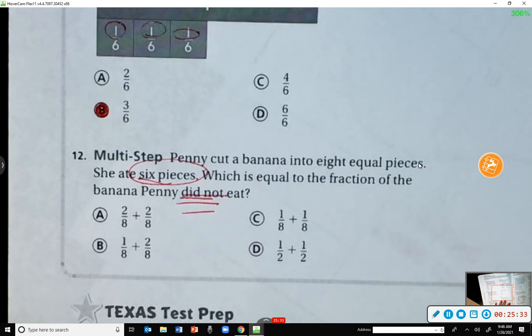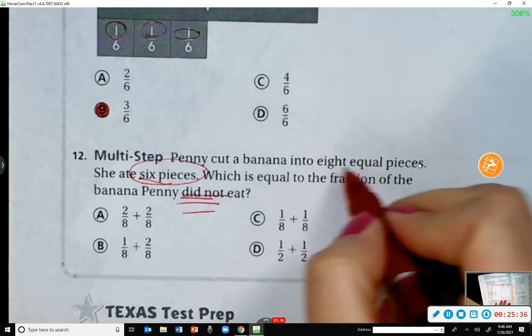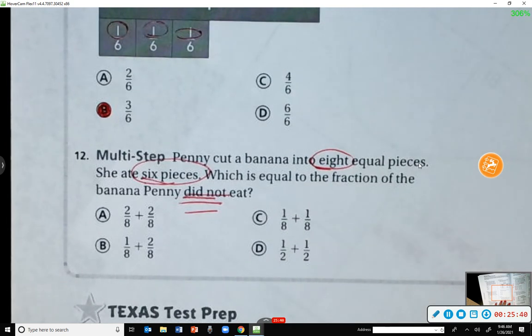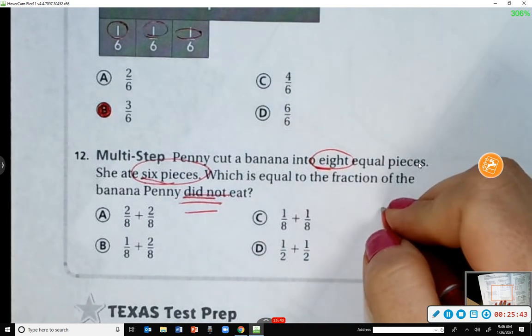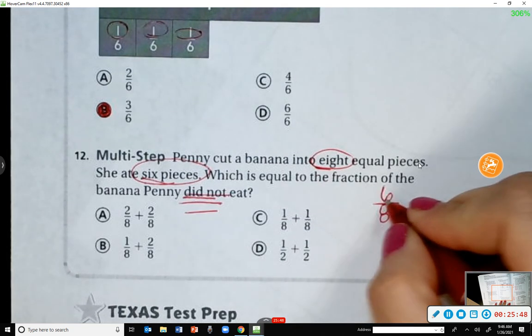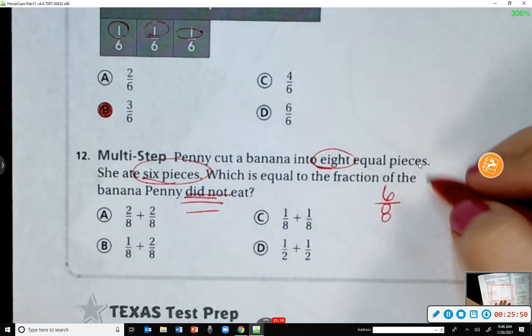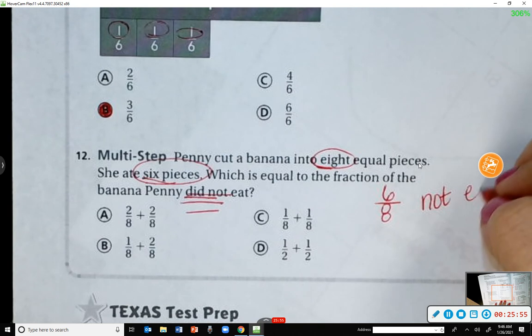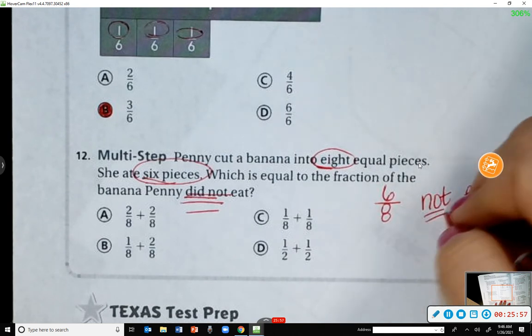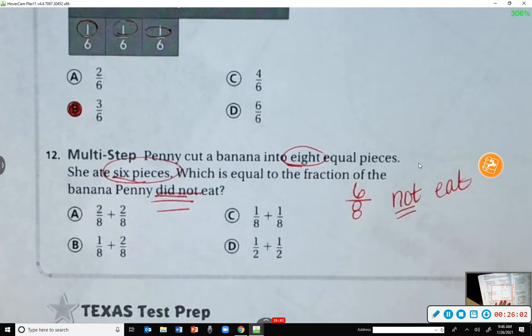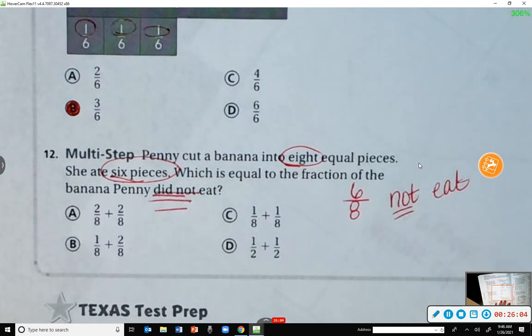So she has a banana and it's cut into 8 equal pieces. Then that means my denominator is going to be what? 8. Good. She ate 6 pieces. So 6/8 is how much she ate. So how much did she not eat? Allie? So I subtract, so to get the top one, I subtracted 8 minus 6, it equals 2.